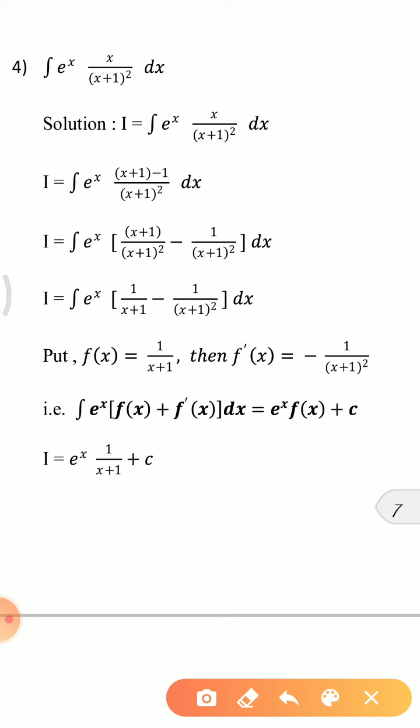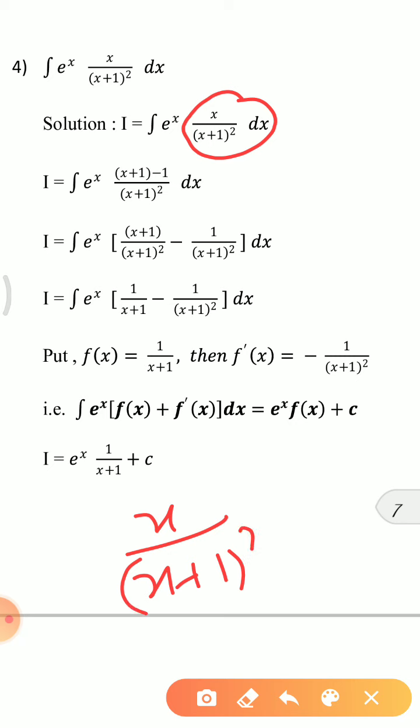Let I is equal to integral e raised to x into x upon x plus 1 the whole square dx. It is not possible to solve directly here. We have to adjust the numerator term. In the numerator only x is given, and here the denominator is x plus 1 square.